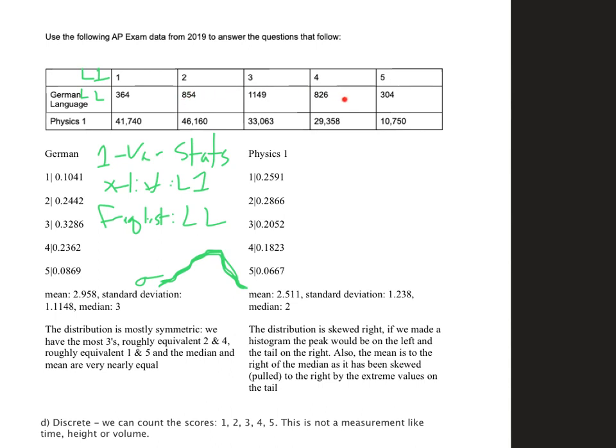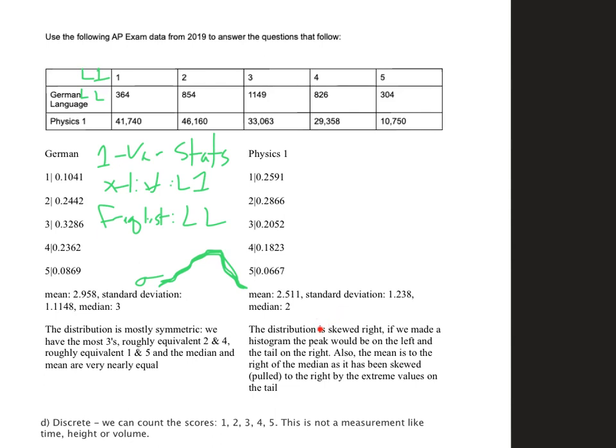There are more twos than there are fours. So we are very, very slightly left skewed, because we're pulled that way towards the left. But it's mostly symmetric here.